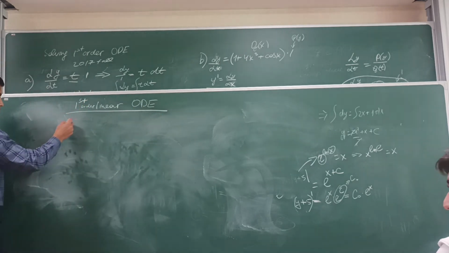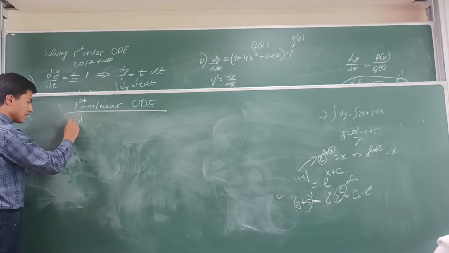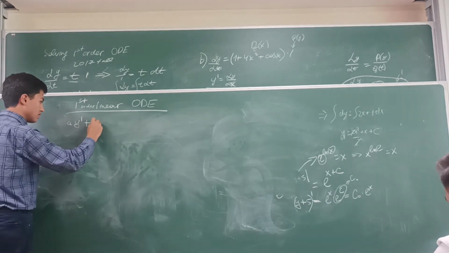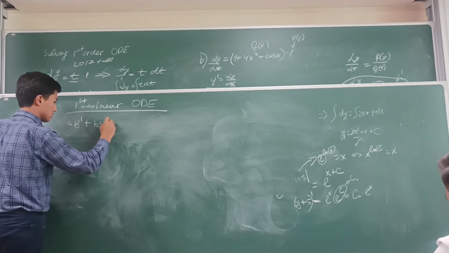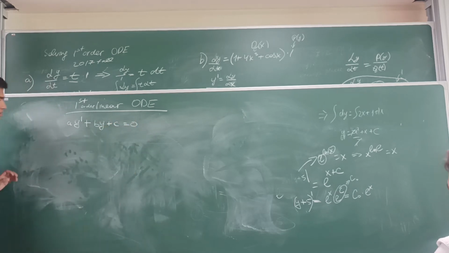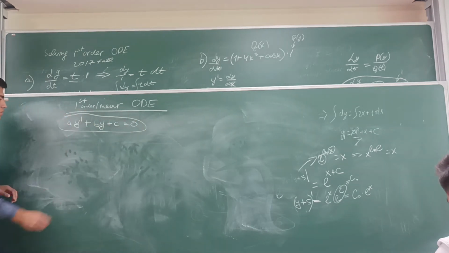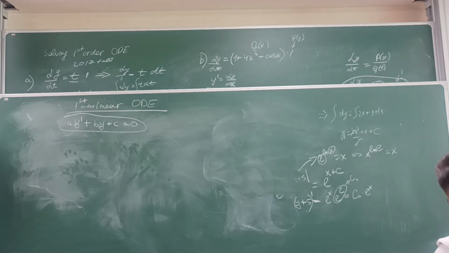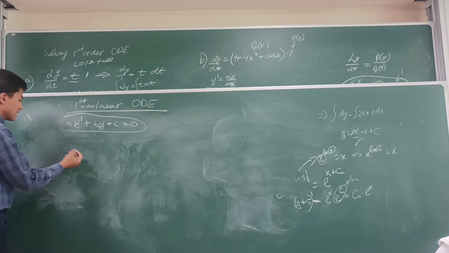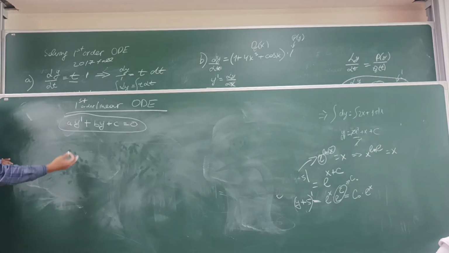So you have this kind of formula: a y prime plus b y plus c equals 0. This is the format of a first order linear differential equation. Firstly, you have to find the standard form. What's the standard form?